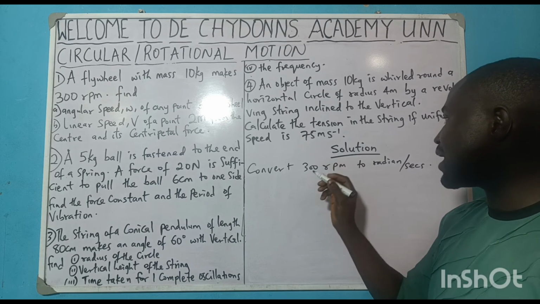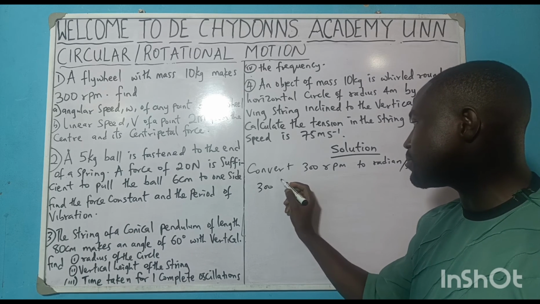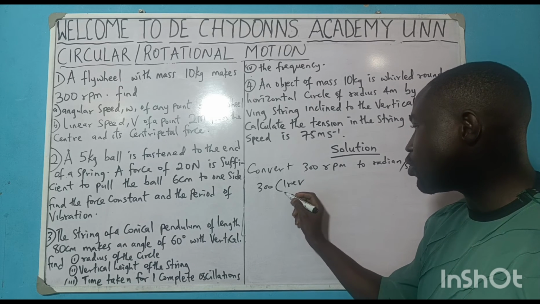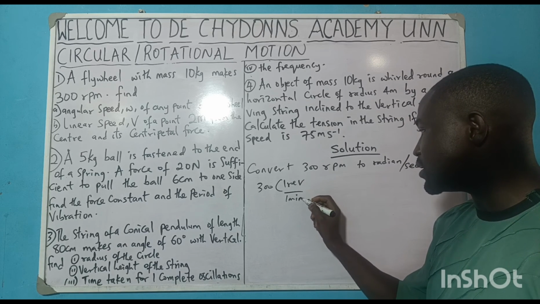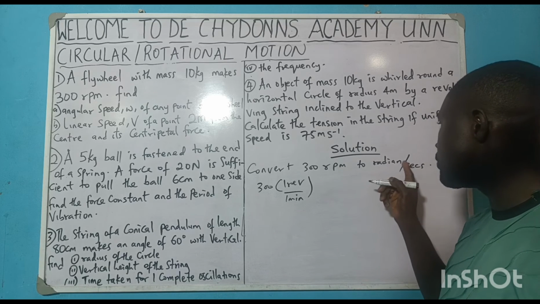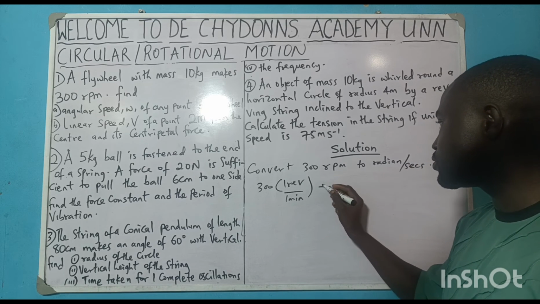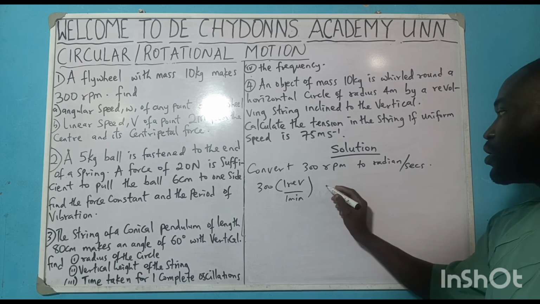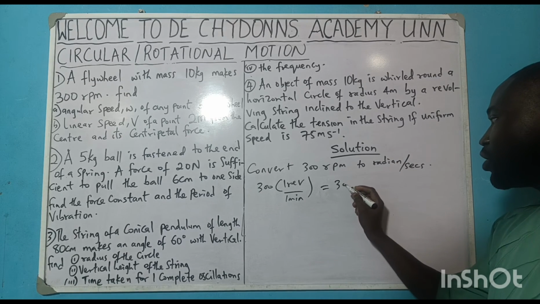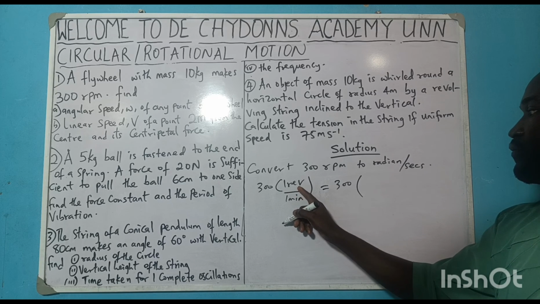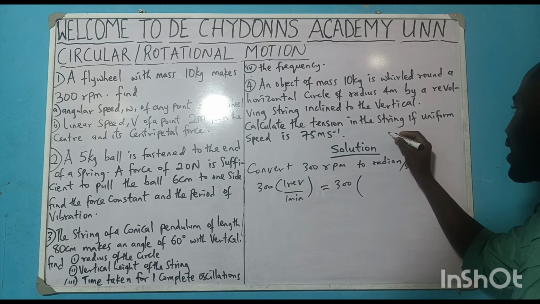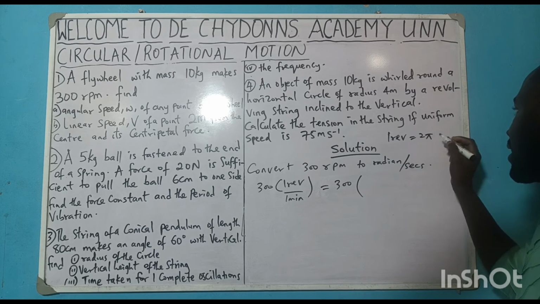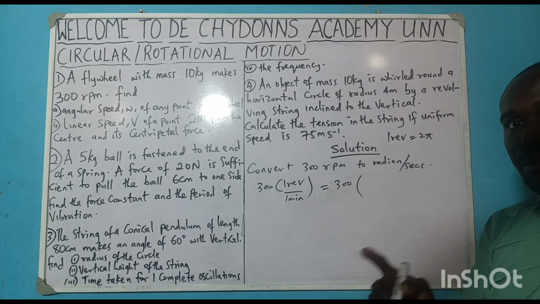Okay, that means 300 revolutions over 1 minute to radian per second. We have 300 times, note that 1 revolution equals 2 pi radian.